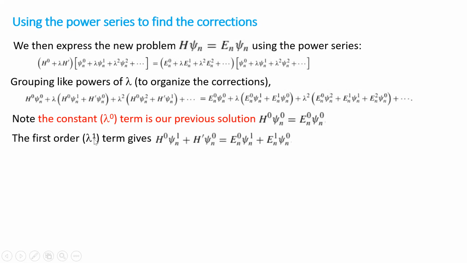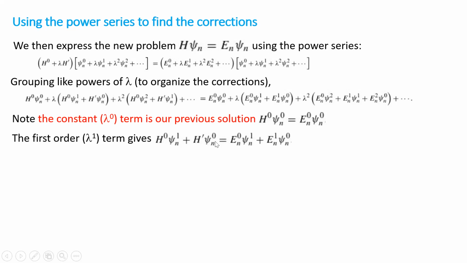The first order term, lambda to the first, gives H0 psi n1 plus H prime psi n0 equal to what's multiplying lambda on this side, En0 psi n1 plus En1 psi n0.